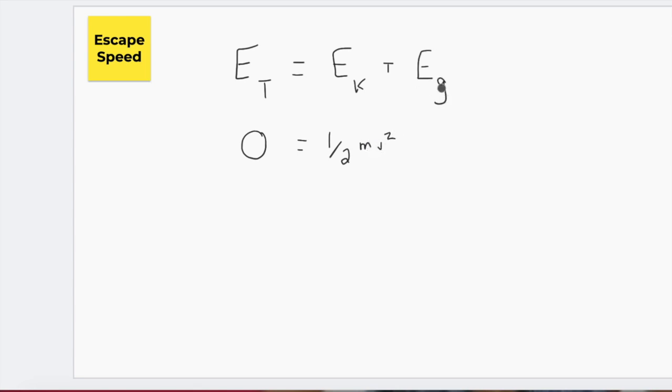And the gravitational potential energy, as I've been mentioning, is negative G big M little m divided by r.